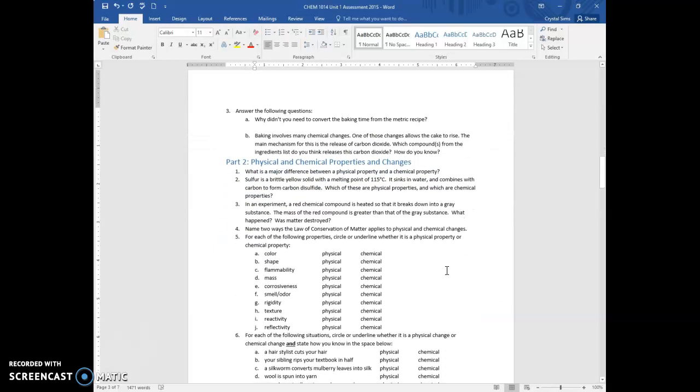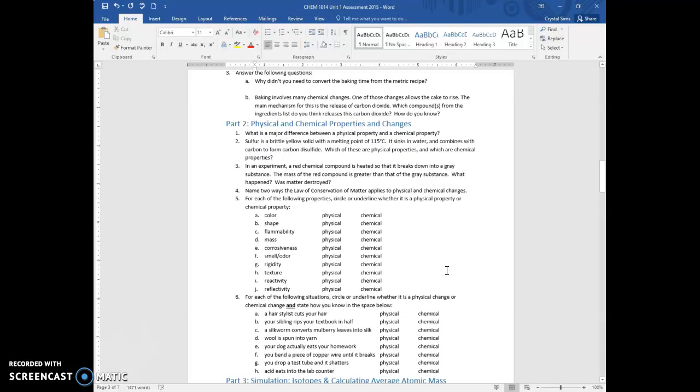The second part is looking at physical and chemical properties and changes. So this is similar to what you did in the first lab. So you need to answer a few questions, and then on number 5 and 6, you're going to determine on 5 if it's a physical or chemical property, and you can either circle this or underline it or bold it or however you need to put your answer.